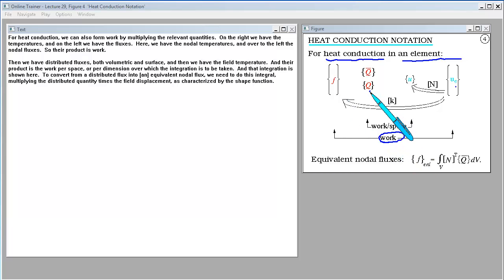Then we have distributed fluxes, both volumetric and surface, and then we have the field temperature, and their product is the work per space or per dimension over which the integration is to be taken. And that integration is shown here to convert from a distributed flux into an equivalent nodal flux. We need to do this integral multiplying the distributed quantity times the field temperature as characterized by the shape function.